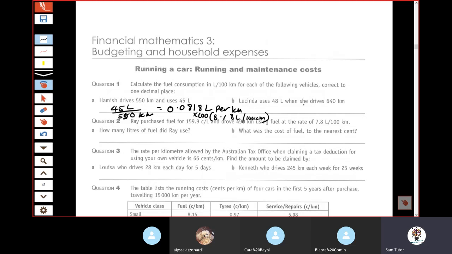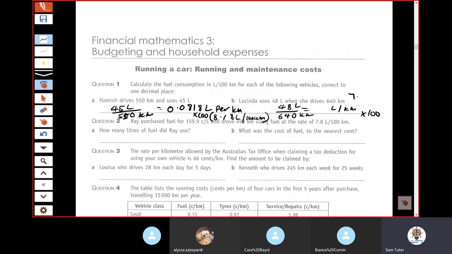And Lucinda uses 48 liters and she drives 640. Again, the answer you'll get is liters per kilometer. If you want it per 100, you'll just times it by 100. It's just always easier to do the same thing we've always done. We've always done it per unit, the unitary method, so I don't like changing it.